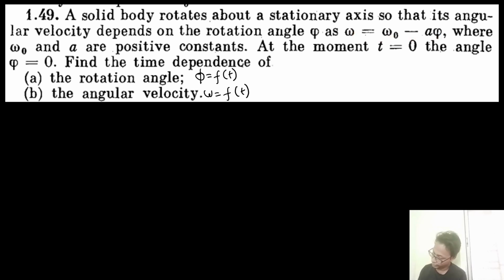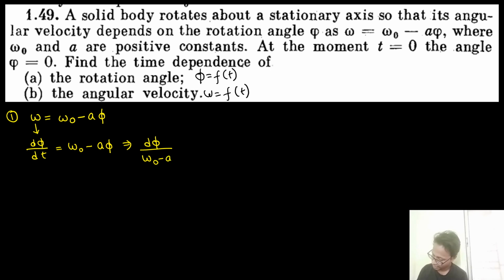So we'll proceed with the first one. Omega is equal to omega naught minus a into phi. What is angular velocity? Rate of change of angular displacement. So d phi by dt is equal to omega naught minus a into phi, or d phi by omega naught minus a phi is equal to dt.